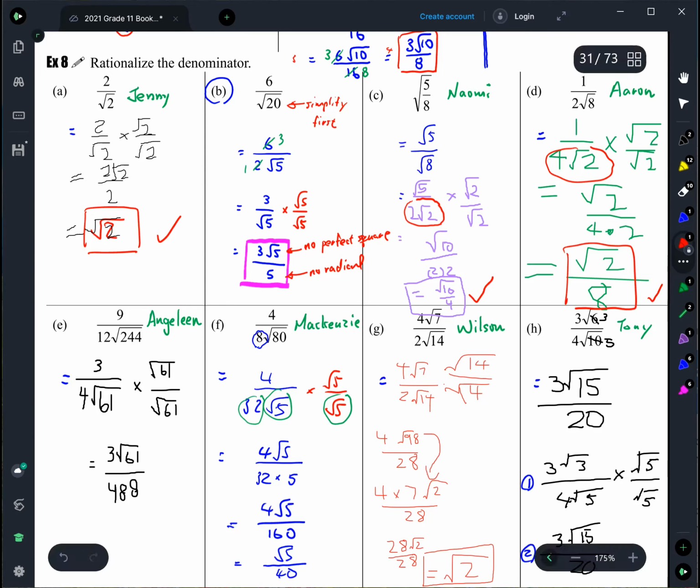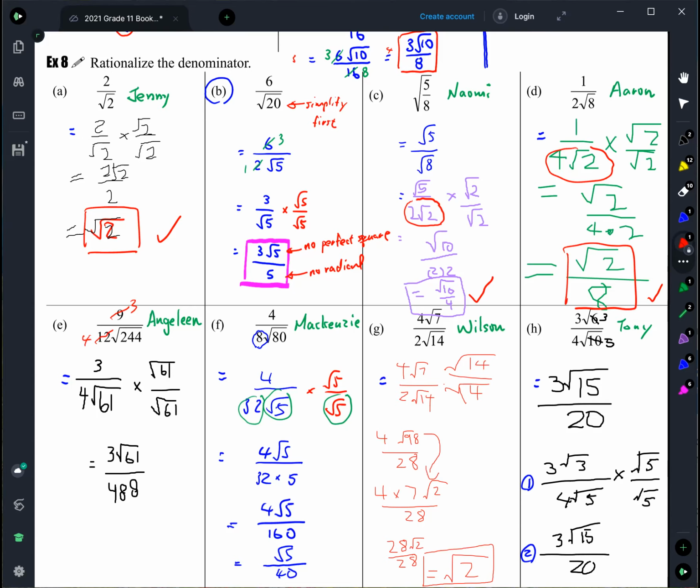Start with question E. It gets a bit bigger, right? So before we start multiplying, we should reduce the 9 and 12. So Angeline reduced that already, makes it into 3 and 4. So that's where 3 and 4 come from, I think, right?